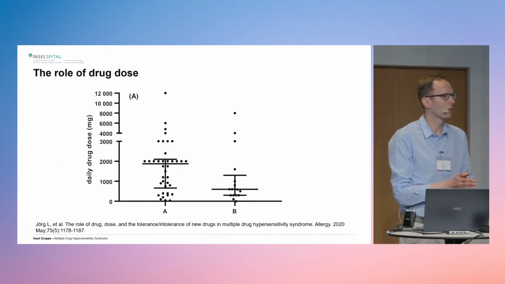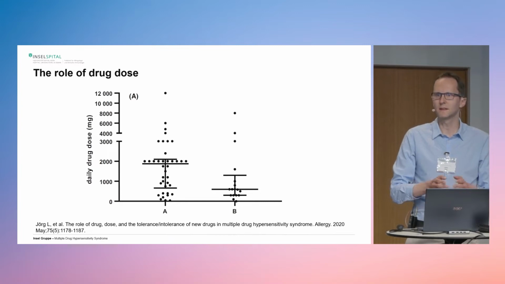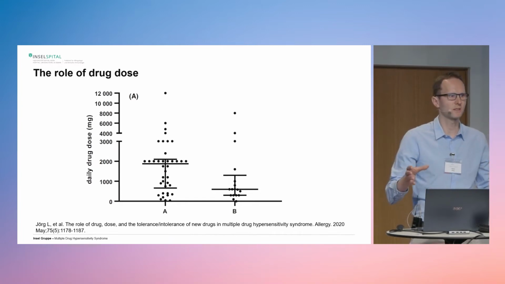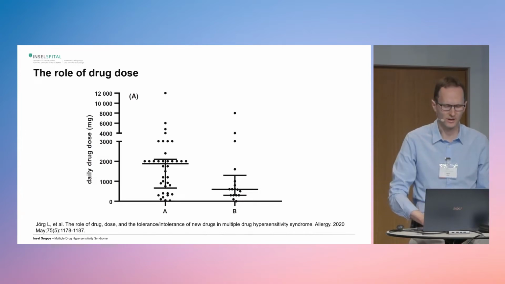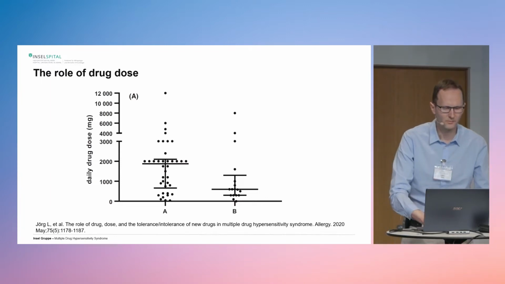We looked at the role of the drug dose. You mainly see, especially in DRESS and also MDH, that the drug dose is very important to develop a drug hypersensitivity reaction. When we looked at the first reaction of MDH patients, there were a lot of drugs at a high dose level, like 1 gram, 2 gram, up to 12 gram per day.